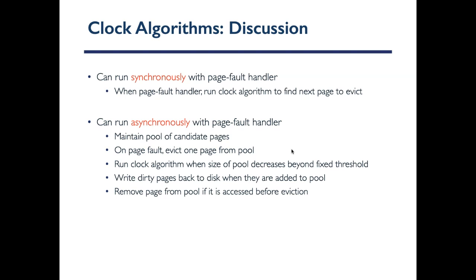If there's a page that you want to pick and put in your pool, you just write its data back. You don't wait for this page to be picked. So you just write its data back as your asynchronous clock algorithm runs.